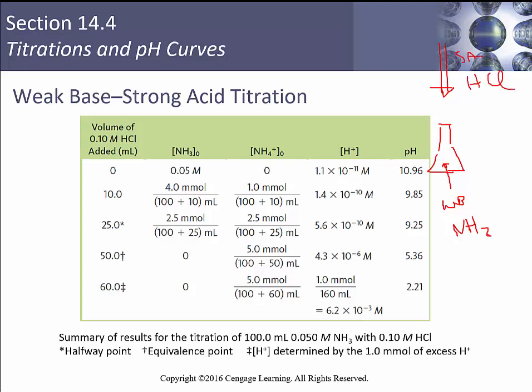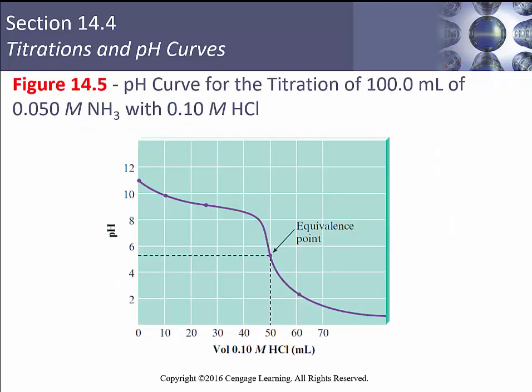Right? So here we're going to look at converting ammonia into ammonium by adding an H plus. And we can do this with various added amounts, and we'll end up with a pH curve, and we can calculate the pH at each one of those points, right?